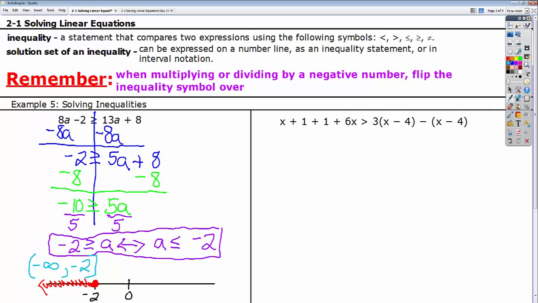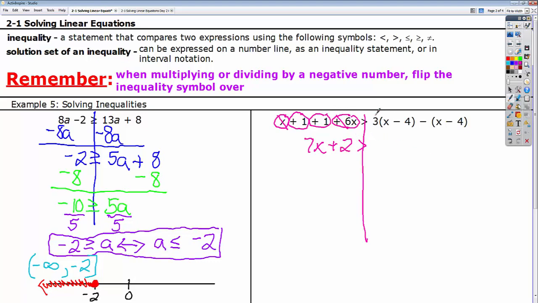Alright, let's take a look at this one over here. Okay, we have some like terms here. We have x plus 6x, that looks like 7x. Then we have 1 plus 1, that is 2.